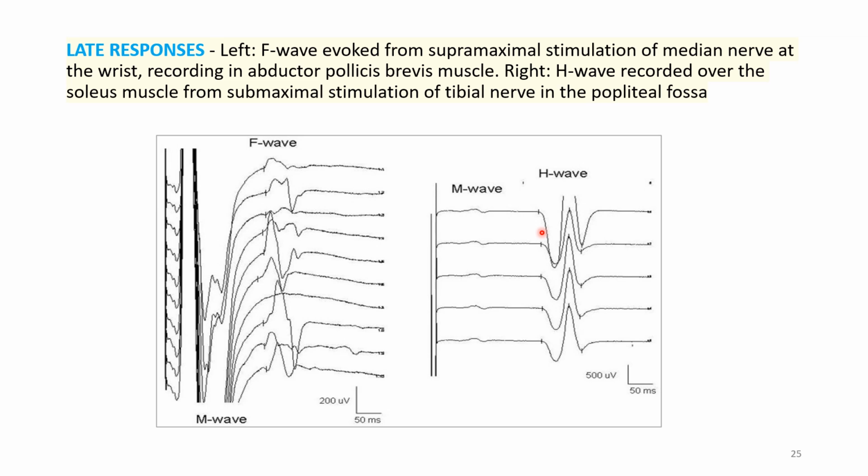And if you stimulate with submaximal stimulation of the tibial nerve in the popliteal fossa, you can see the H wave. So these are the late responses. After getting M waves, we are getting these late responses because of the supramaximal and submaximal stimulation of the nerve.